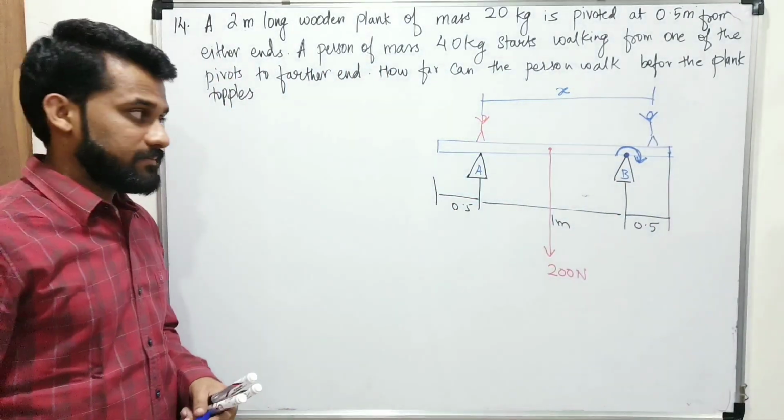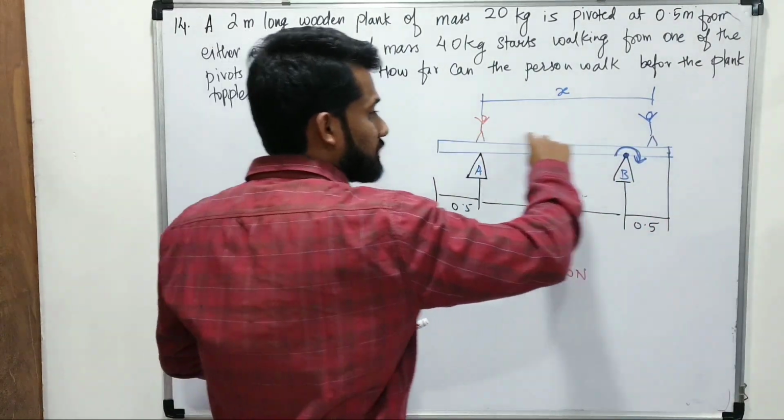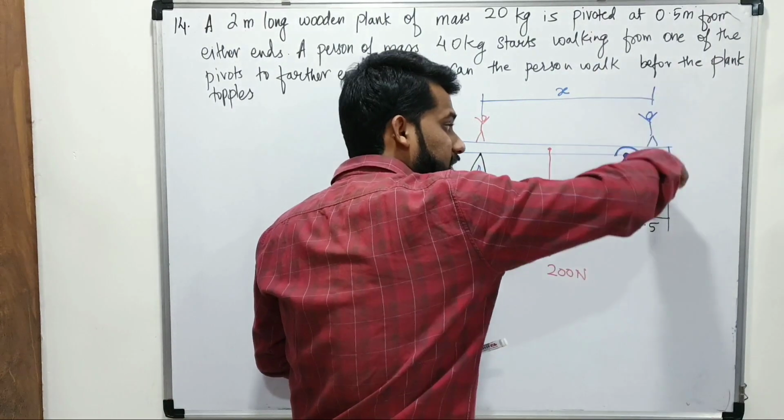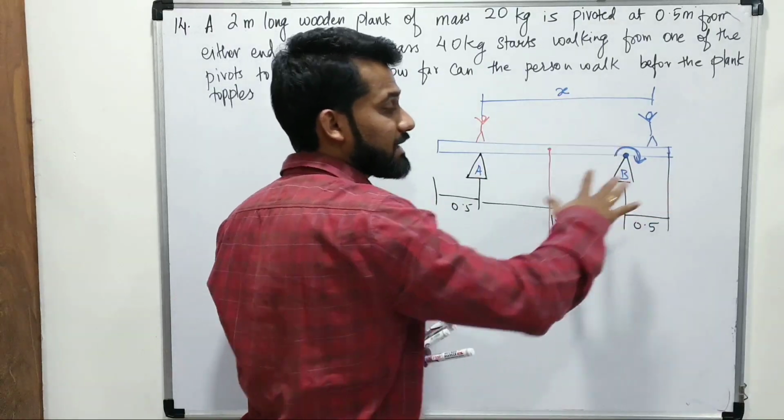It means when the person is at this particular location, the torque due to the person and the torque due to the weight will be exactly equal.